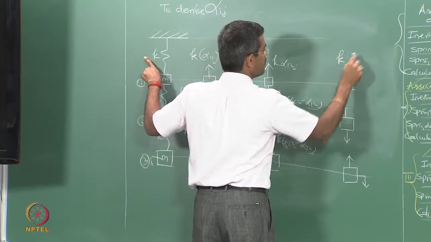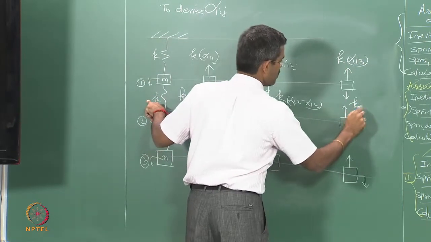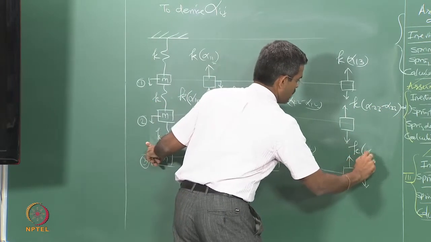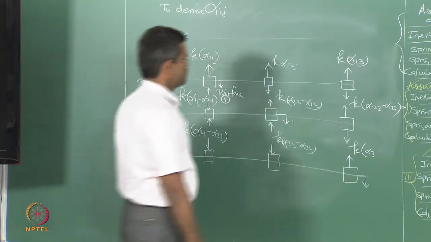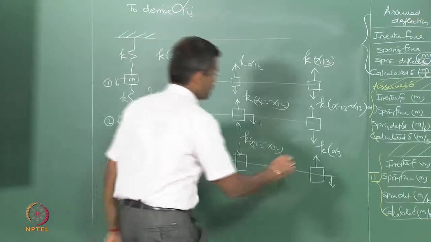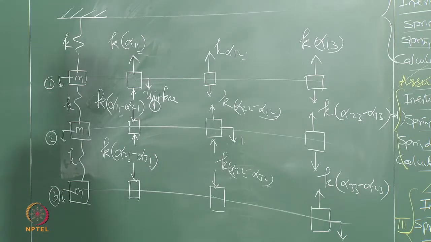So, stiffness of this spring multiplied by stiffness of this spring multiplied by stiffness of this spring multiplied by okay. This is 1.